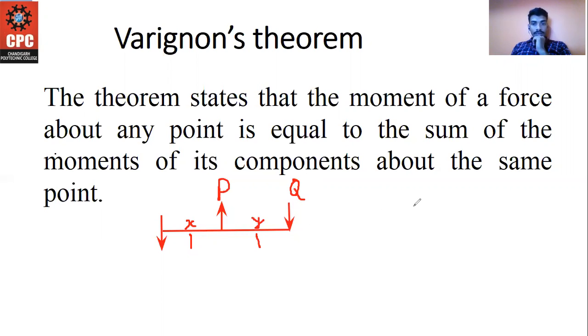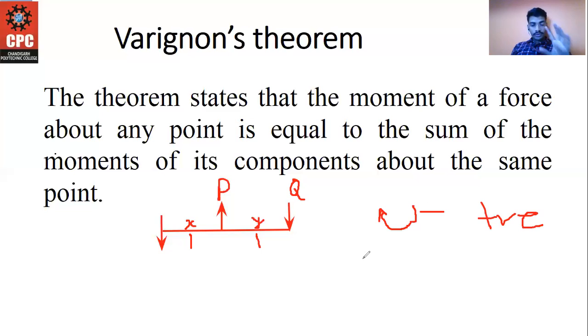Now you can take the clockwise moment as negative, and here it is clockwise, and the anti-clockwise moment as positive. Okay, you can take it as positive and negative, and vice versa as well.